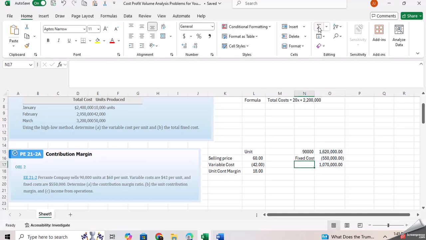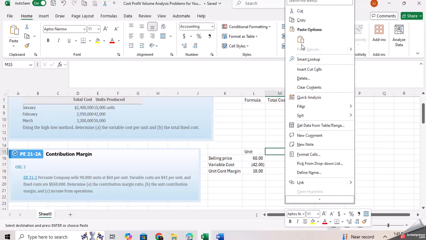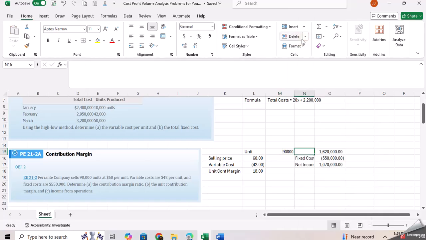That's going to give us our net income. And then this is our contribution margin. And again, now this is in dollars. So when it's in units, it's what we've got going on over here in dollars.